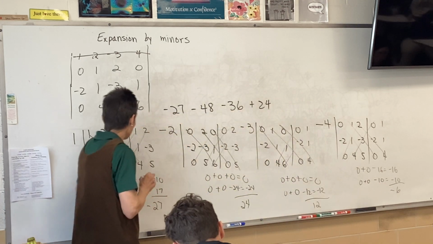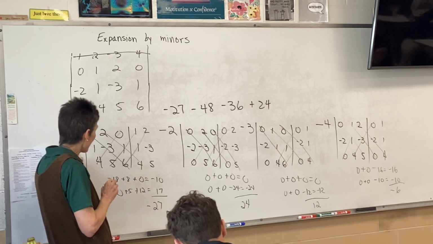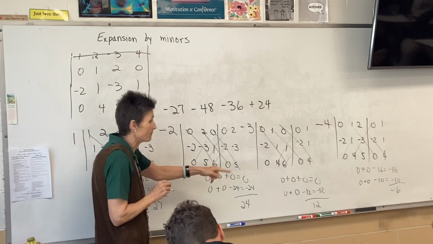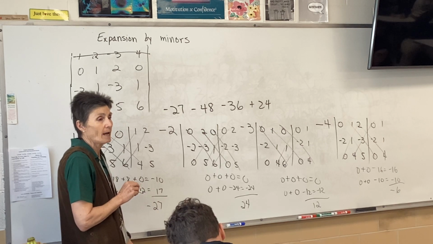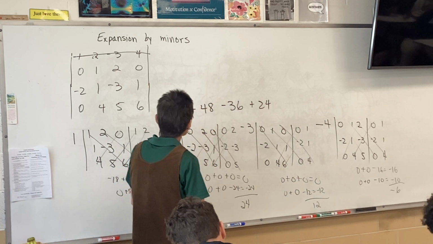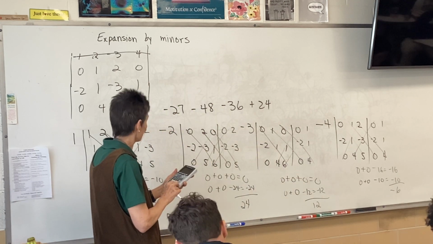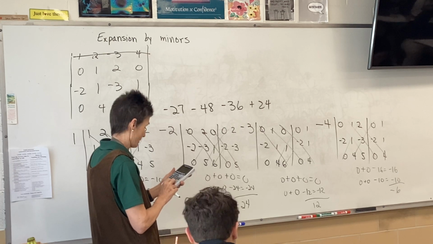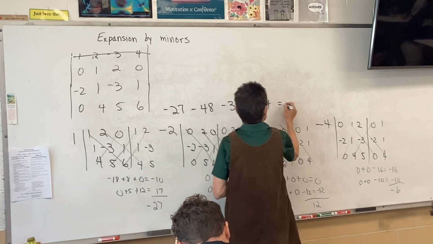All right, so everybody see what I did? Once I got my determinant evaluated, times by this number out in front. And then add them up. So that's gonna be the answer, so what is that? Negative 87?